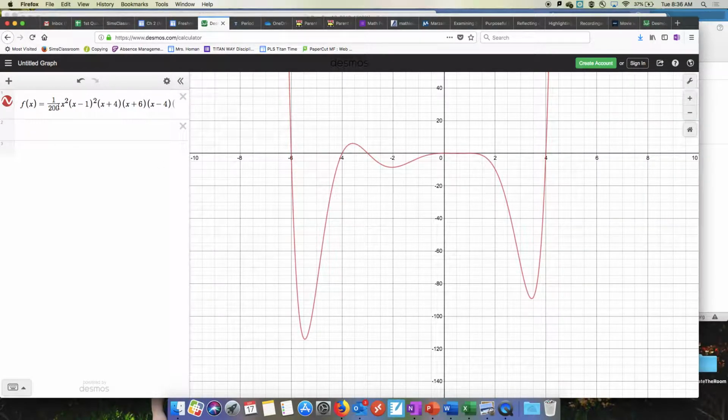So I played around with my leading coefficient, but then I also changed my y-axis so I could see it. You're going to have to do that. I don't think it's going to be possible for you to squish your minimums and maximums to be in that 10 by 10 grid. So please hit that little tool and change your y-axis so you can see your minimums and maximums.